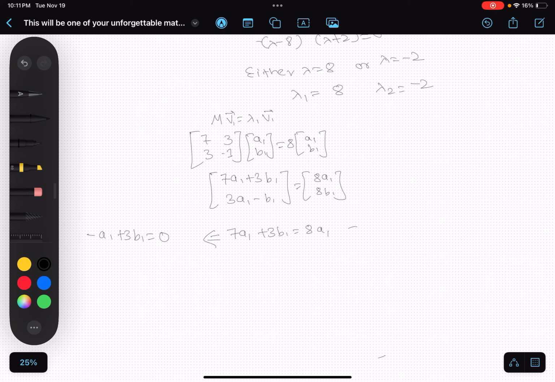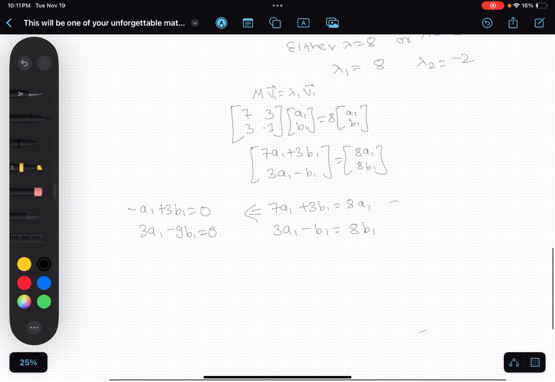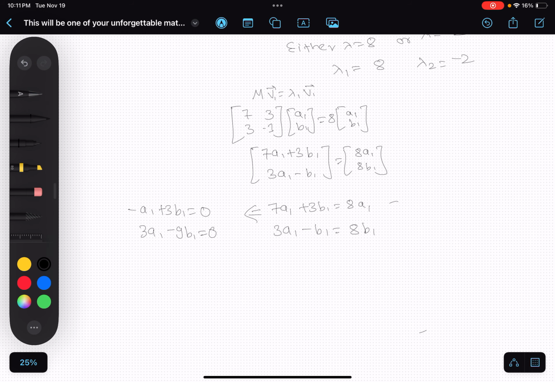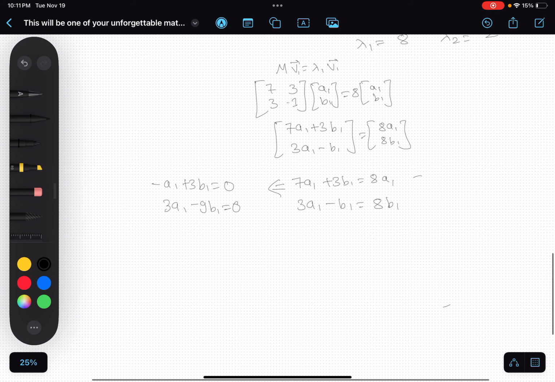Over here, this will be 3a1 minus b1 is equal to 8b1, which I can write as 3a1 minus 9b1 is equal to 0. Now guys, if you analyze this, you will get infinite solutions for these two equations, and that will always be the case in finding eigenvectors. And you don't even need both equations to find the solution, even one is enough.